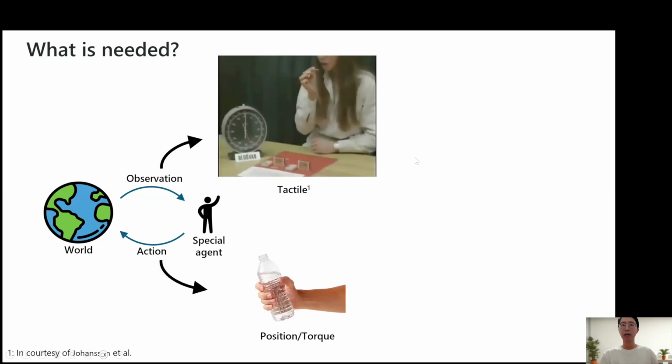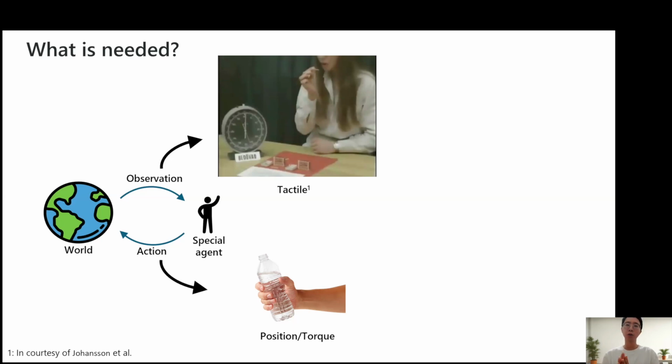In terms of action modality, beyond position, another important modality is torque. So imagine when we are holding a bottle, if we just shape our hand to that pose but we are not applying any force, then the bottle will just slip from our hand.